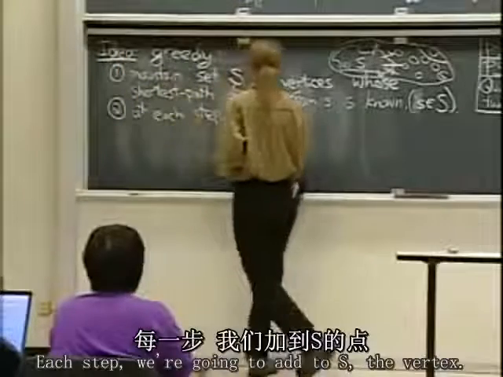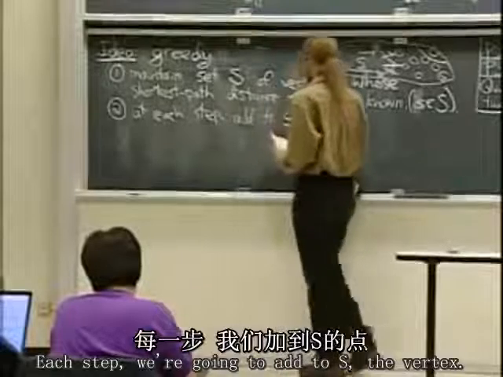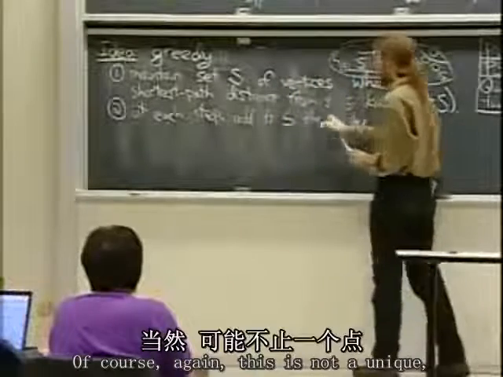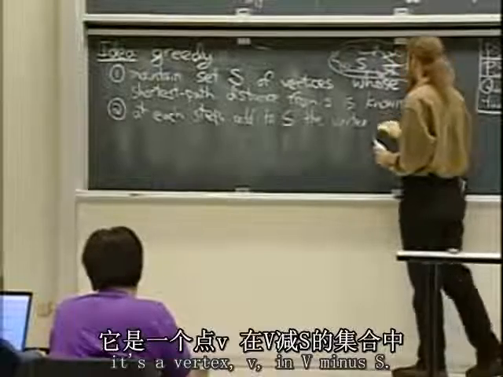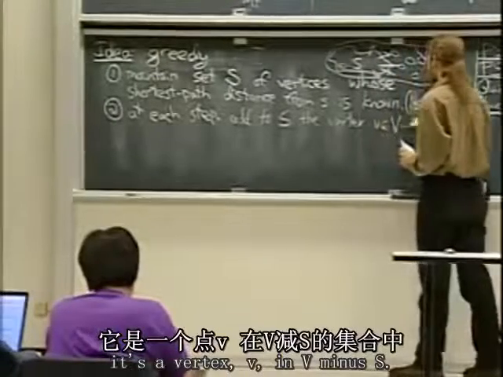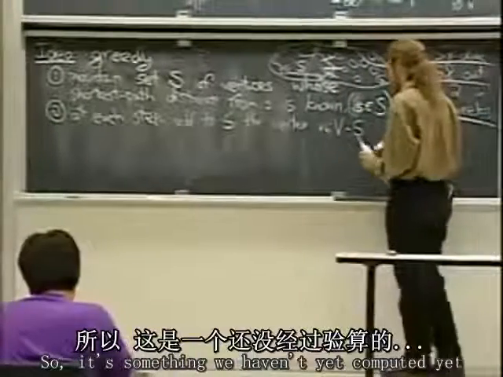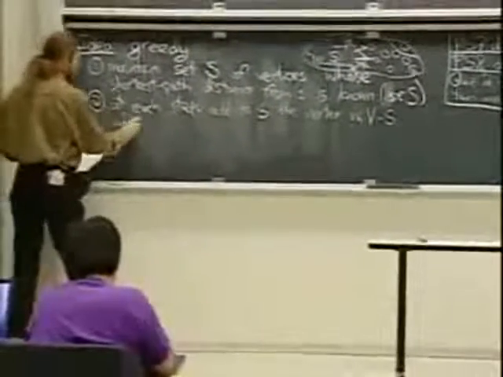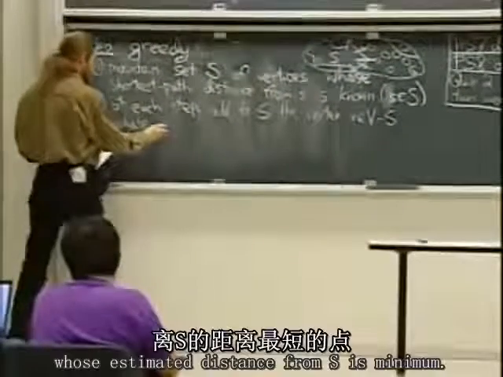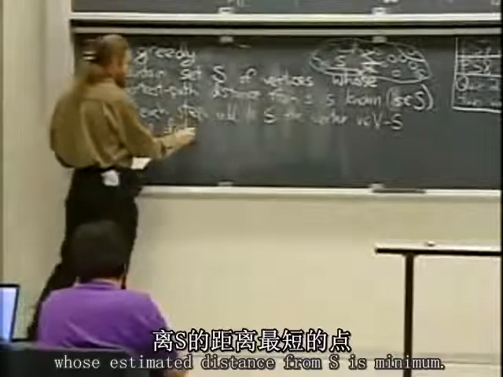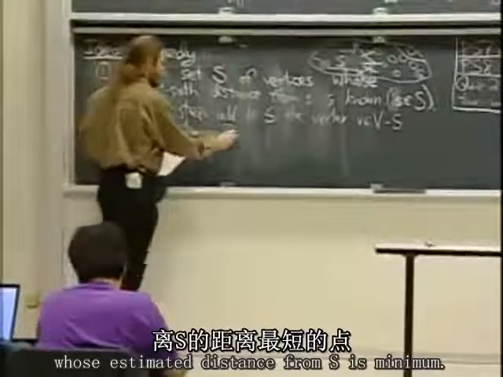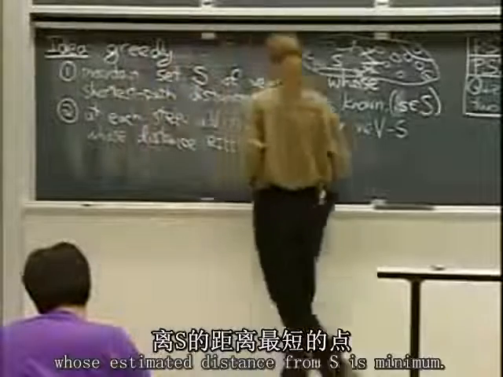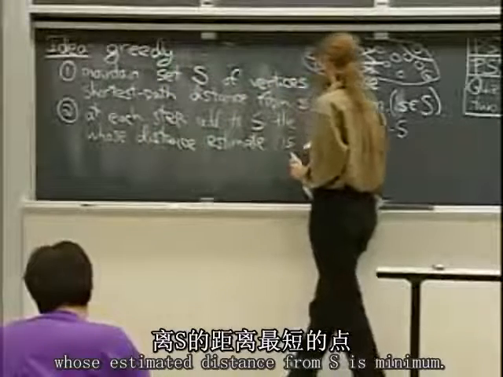For each step, we're going to add to S the vertex. Of course, again, this is not unique, though. It's a vertex V in V minus S, something we haven't yet computed, whose estimated distance from S is minimum.